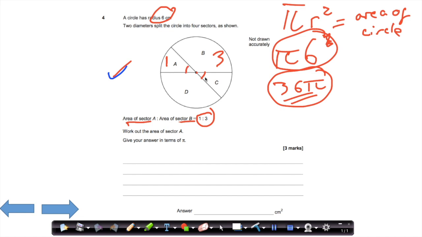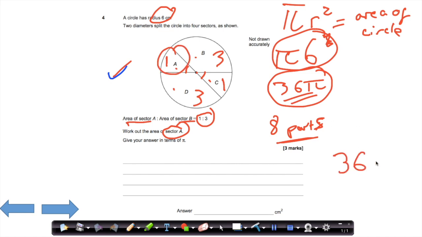So as a ratio, this would be 1 part, and this would be 3 parts as well. So in total, how many parts of the circle do we have? Well, if we add up the parts, 1, 3, 1, and 3, there are 8 parts to this circle. There are 8 parts to the circle. And if we want the area of sector A, then we will want one of those 8 parts.